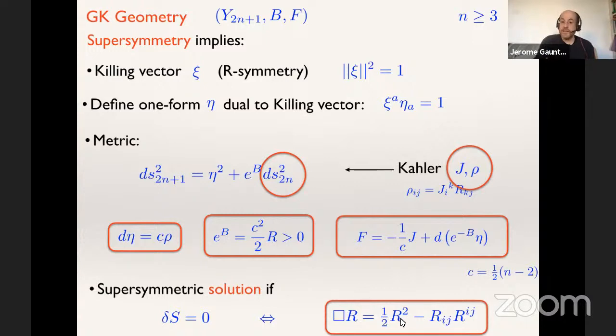So this is, again, the Ricci tensor and Ricci scalar of the scalar metric. And it's box R equals Ricci scalar squared minus Ricci tensor squared. So if you have a scalar manifold or a Kähler metric that satisfies that equation, you have a solution. So that's what GK geometry is, both supersymmetry and solving the box R equation. Any questions on that?